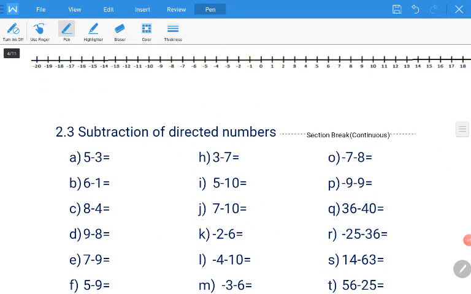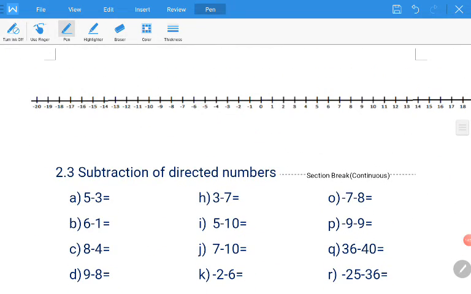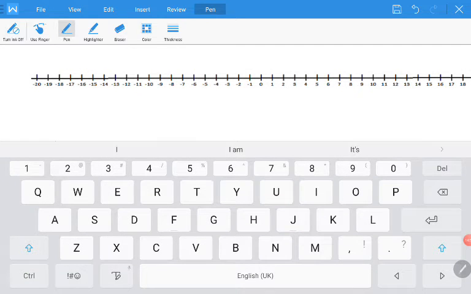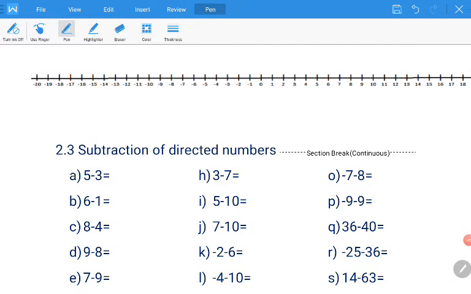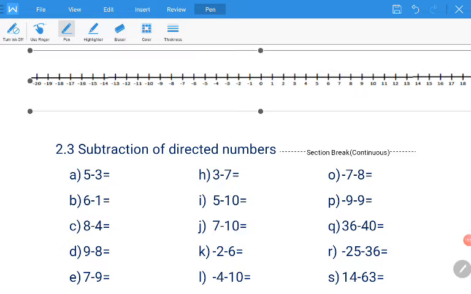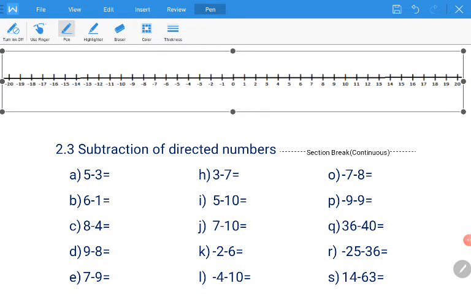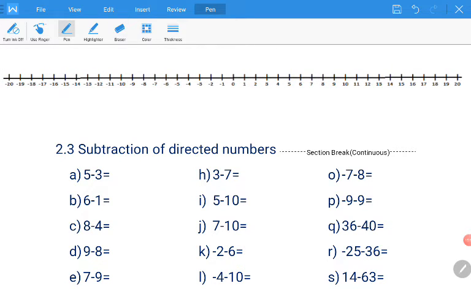Now let's go to subtraction. A number line can also be used for subtraction. So here, let's look at question A, which is saying 5 minus 3.